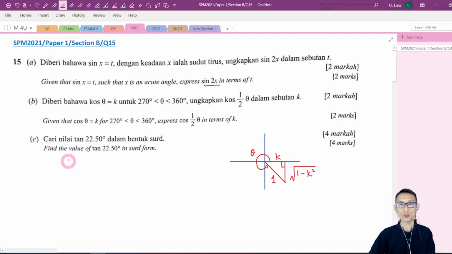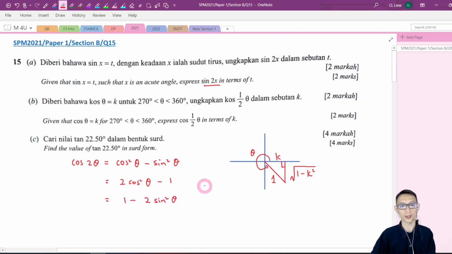Now, I'm going to use the half angle formula. Still remember this: cosine 2 theta, we have 3 formulae, right? This is cosine squared theta minus sine squared theta, the first one. And then we have 2 cosine squared theta minus 1. And the last one, 1 minus 2 sine squared theta.